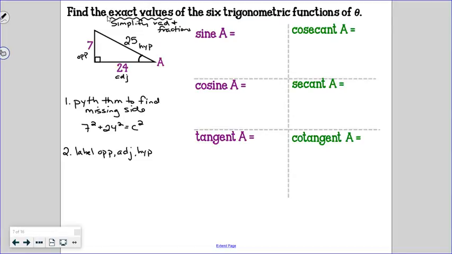And again, as I'm getting used to this, I can just sit my little chart next to me and set up those ratios or think through SOHCAHTOA, whatever it is. For example, sine, if I think through my SOHCAHTOA, right? Sine would be my opposite side over my hypotenuse, or 7 over 25. Guys, that's your answer.